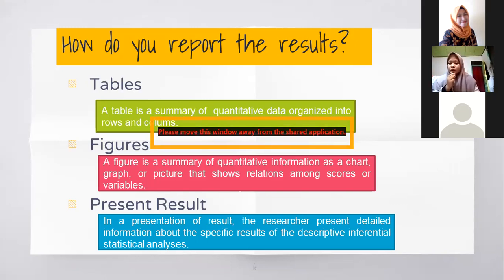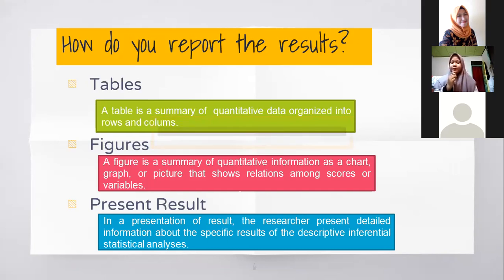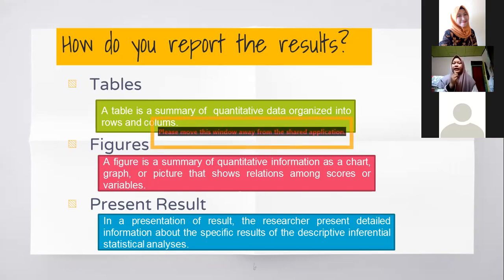The figures have two types. The first is bar charts. Bar charts depict trends and distributions of data. And the second is line graphs. Line graphs display the interaction between two variables in an experiment. And the third is present results. Present results is a detailed explanation about statistical results.